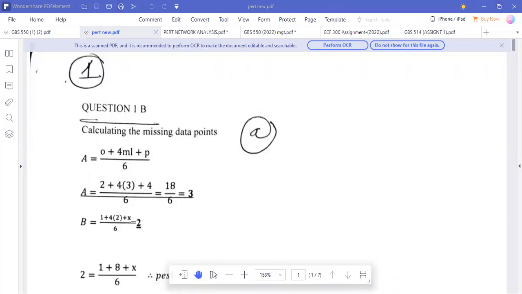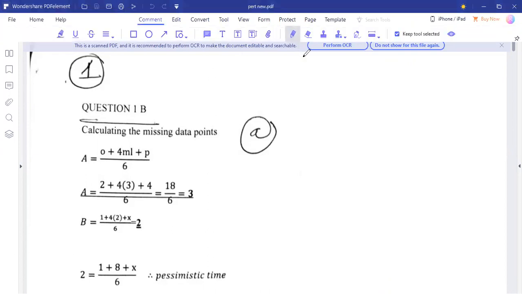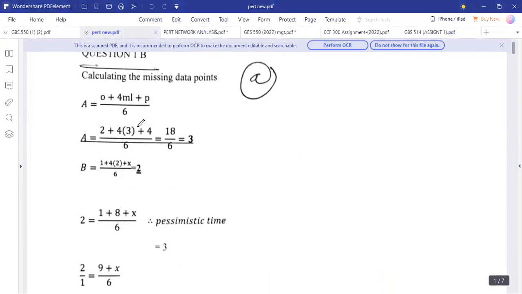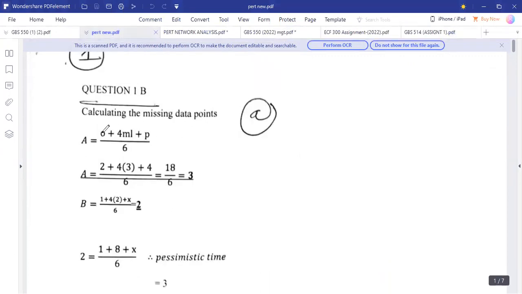Right then, so using the formula, we can also use this one where O represents optimistic time. And we have P, which is pessimistic time.